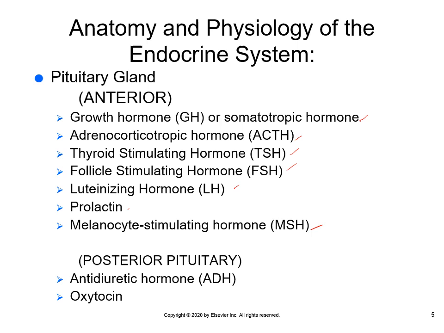Your growth hormone or somatotropic hormone, adrenocorticotropic hormone, your ACTH, thyroid stimulating hormone, follicle stimulating hormone, luteinizing hormone, prolactin, and the melanocyte stimulating hormone. Whereas your posterior pituitary is responsible for the antidiuretic hormone and the oxytocin.